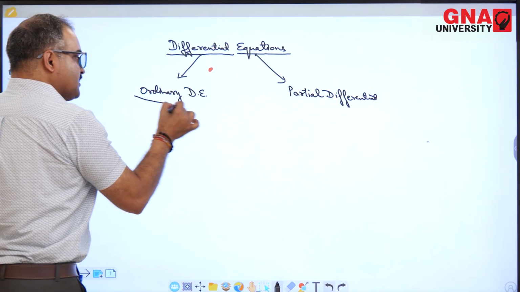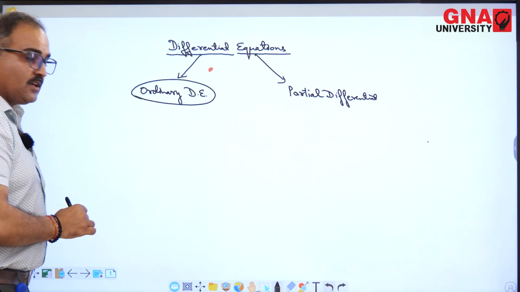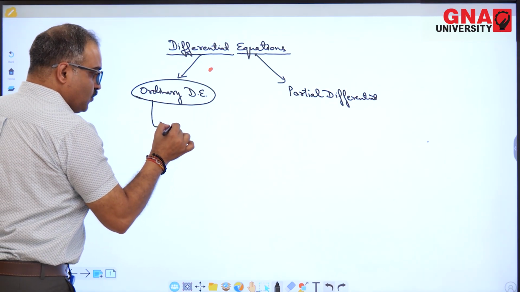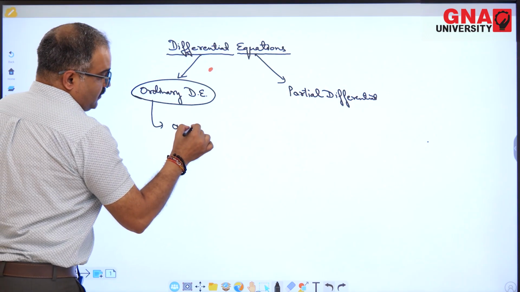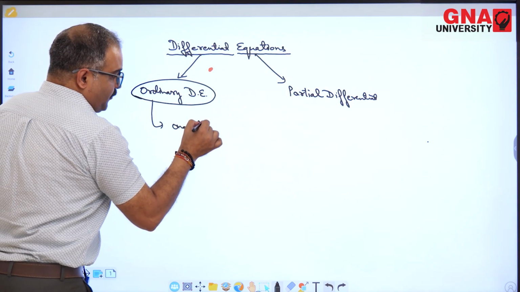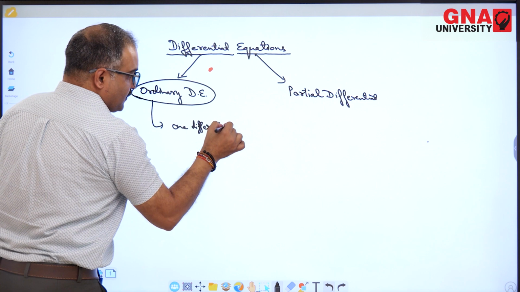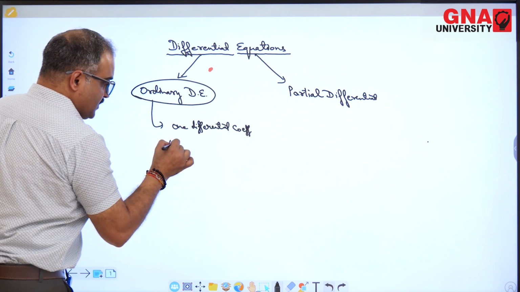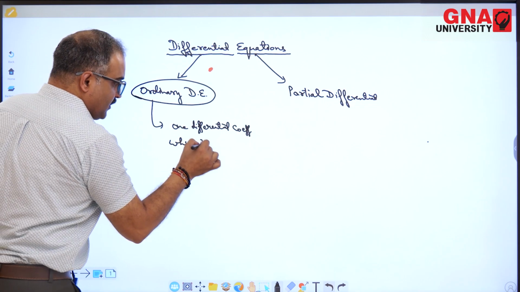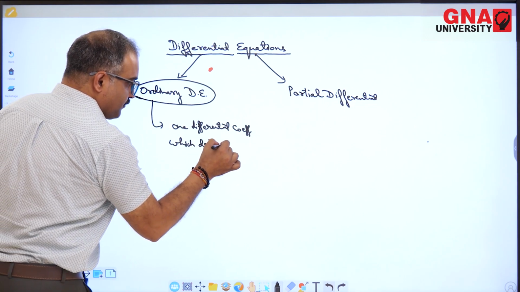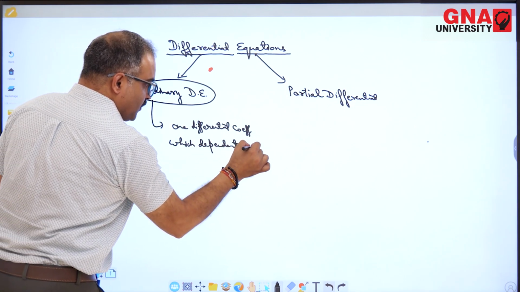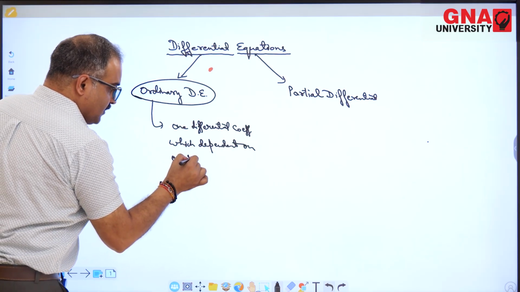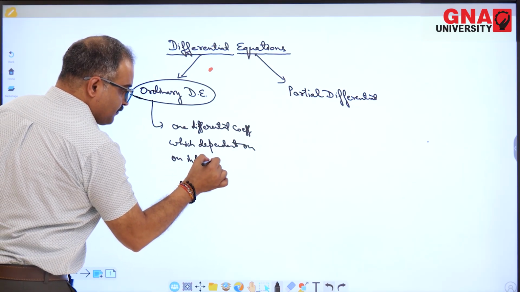Now, when we are discussing ordinary differential equation, here we have a differential coefficient which is dependent on one independent variable.